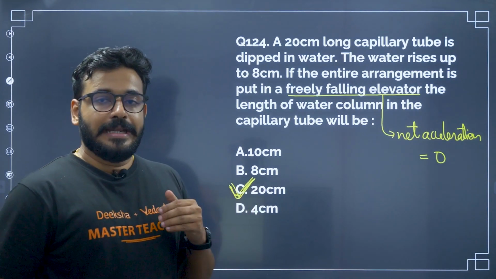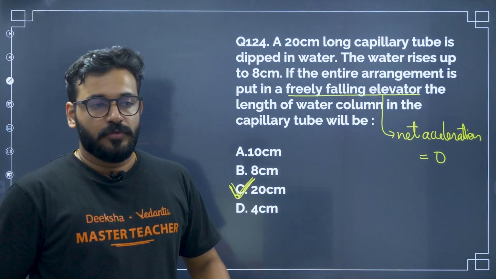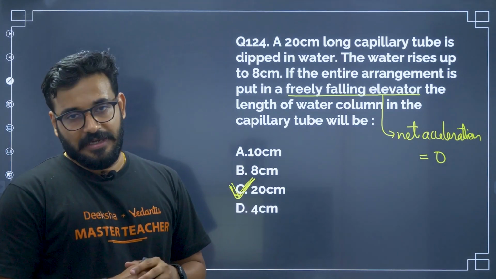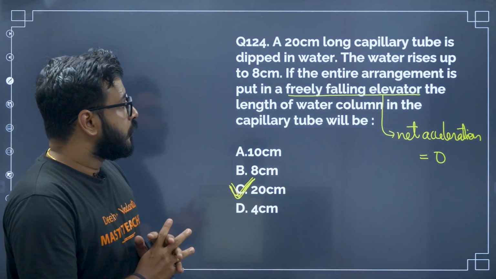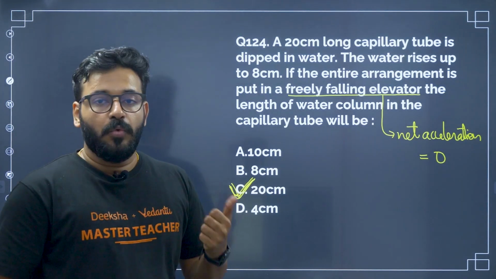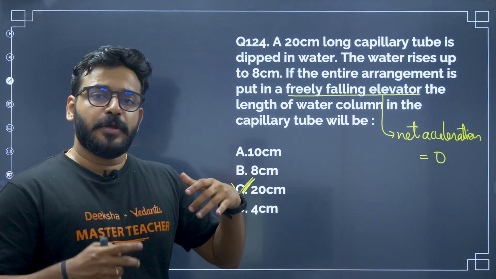There won't be even a single part left empty, it will be entirely filled. So the correct answer over here is C. And why is it entirely filled? Because of the net acceleration.